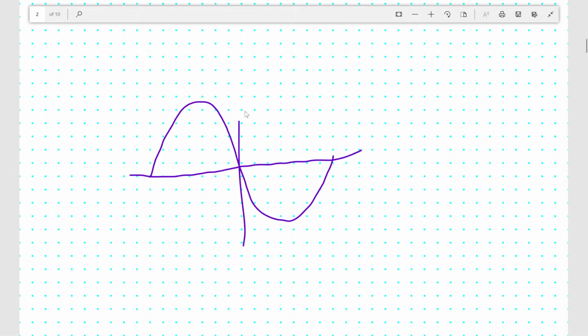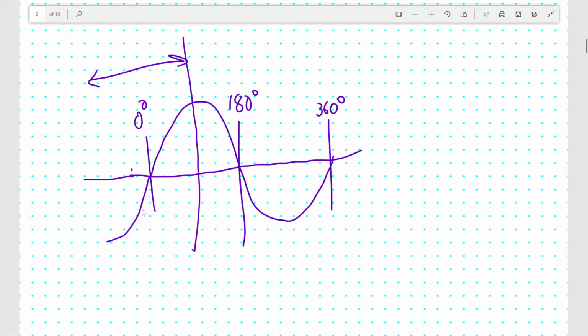If you have the sine wave here, and you know that this is going to be 180 degrees, this is going to be 0 degrees, this is going to be 360 degrees, you'll find that a calculator will only give inverse sine answers in this magic range here, from here up to here, where this is positive 90 degrees and this is negative 90 degrees.